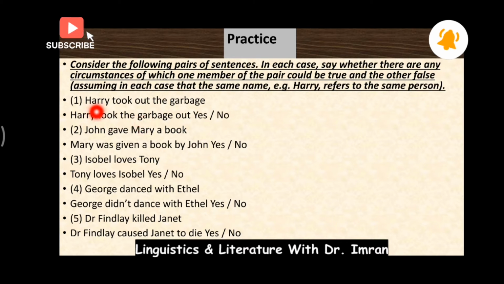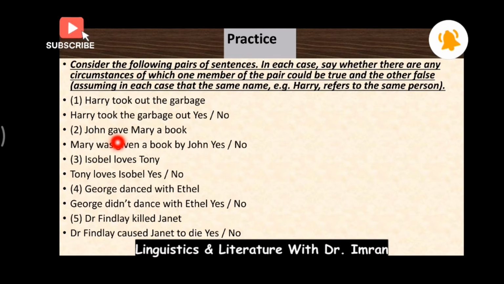But because we have two different structures, two different sentences, but they express the same proposition, both are true. So the answer would be no, because both of them express the same proposition.